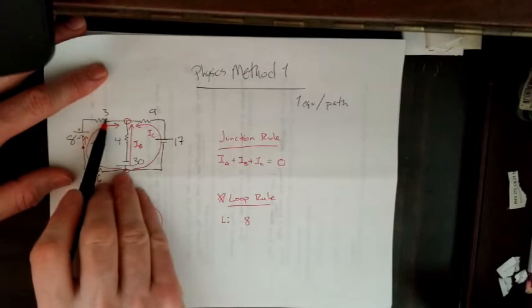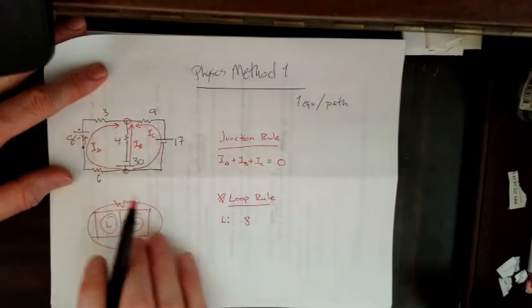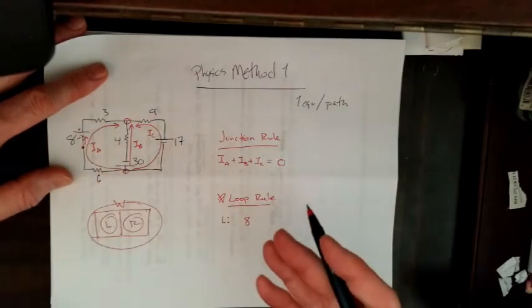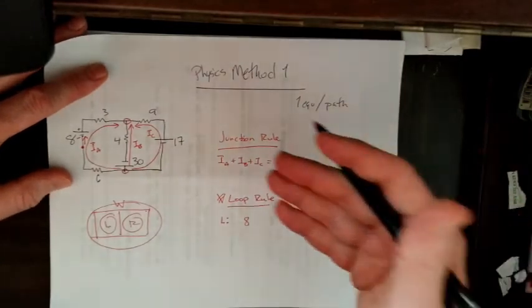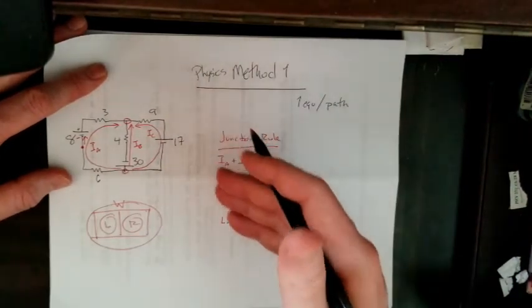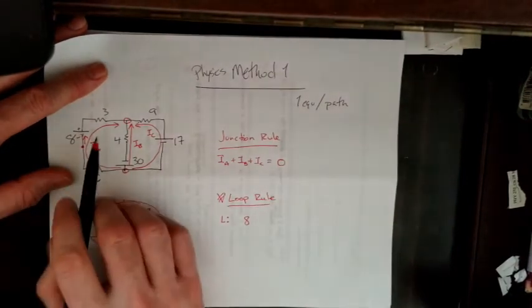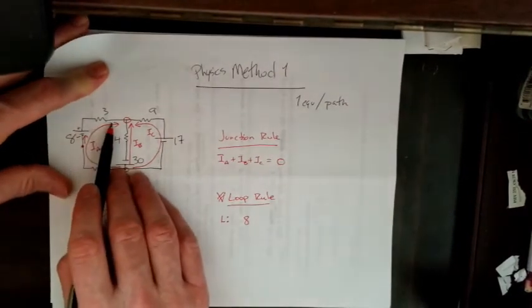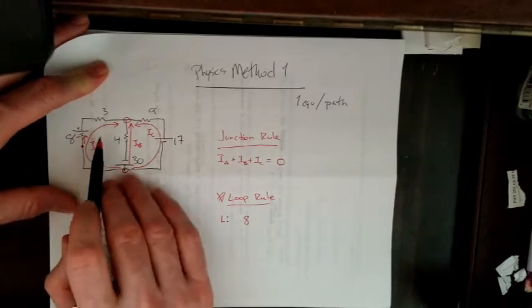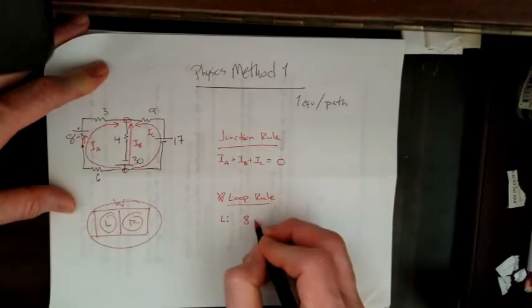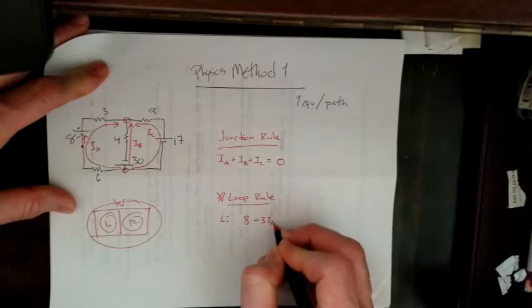Now when I go across a resistor in the direction of current, think of water current, which flows downhill. If you're going with the current, you go to a lower potential energy. The analogy holds here: going with the current, I go to a lower electric potential. And so minus 3IA.